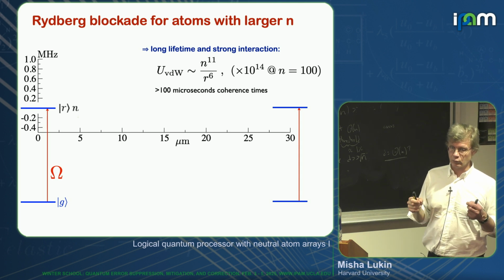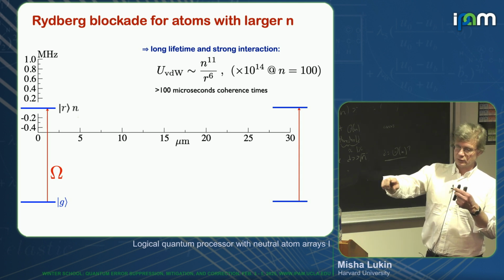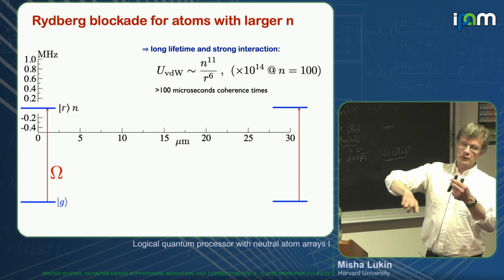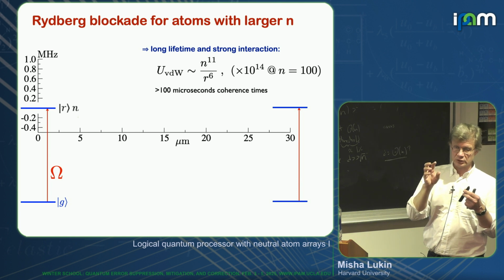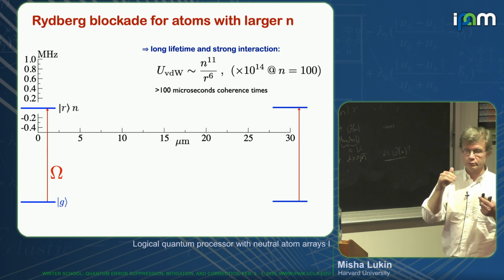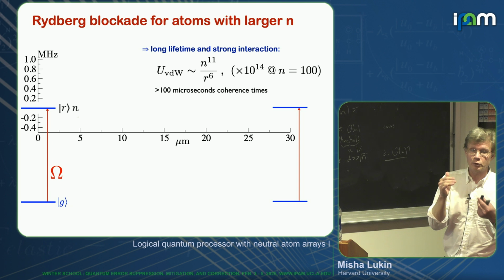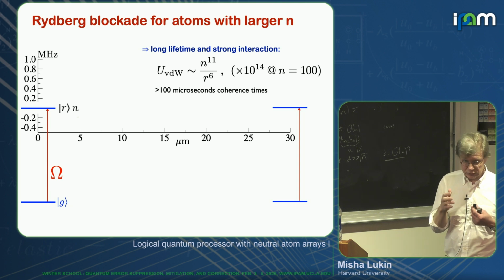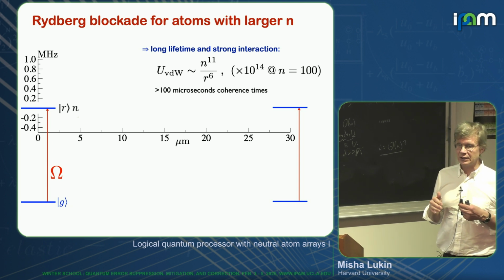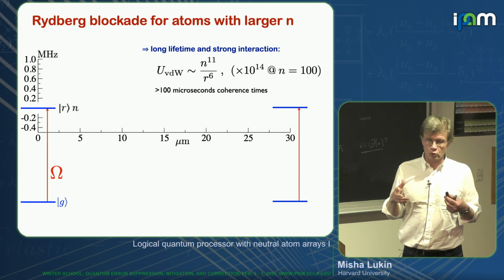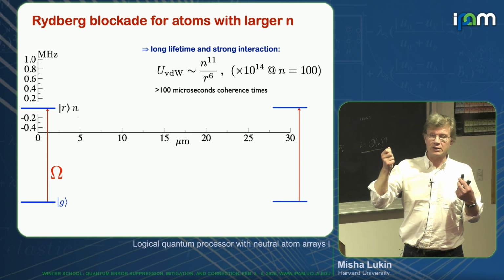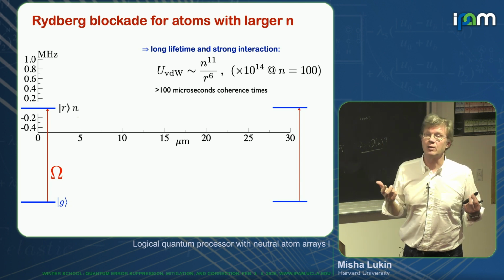But remember, at the same time, when you go to very large n, this orbit becomes very, very large, and it can be easily perturbed. For example, if you have some small electric field, it would perturb this orbit. So eventually, just due to imperfections and so on, these Rydberg states become unstable.